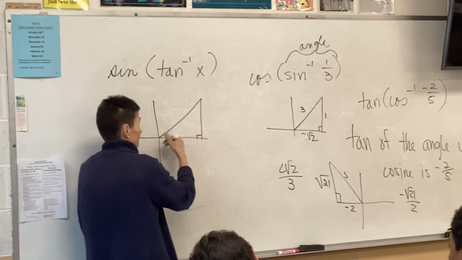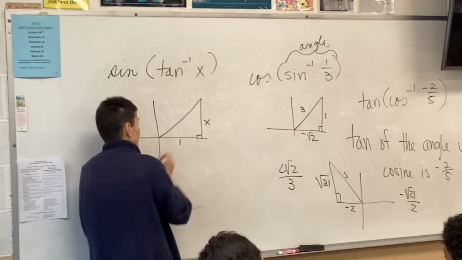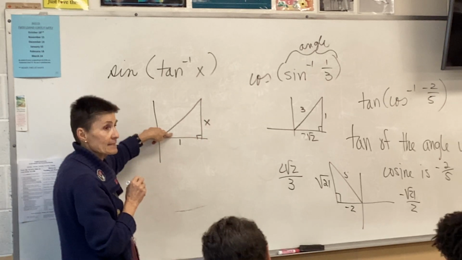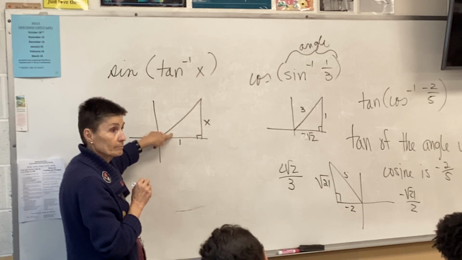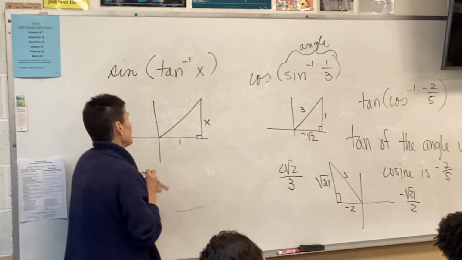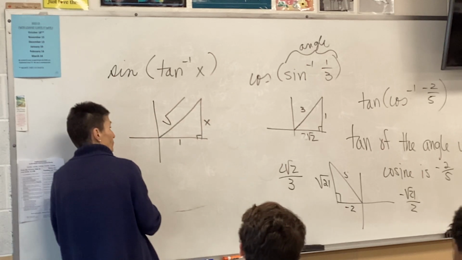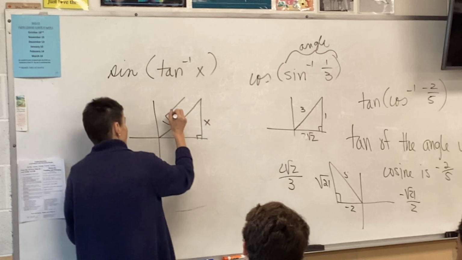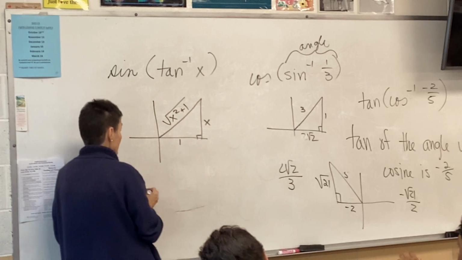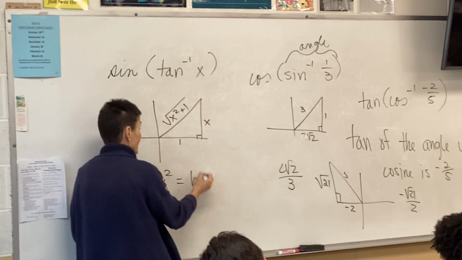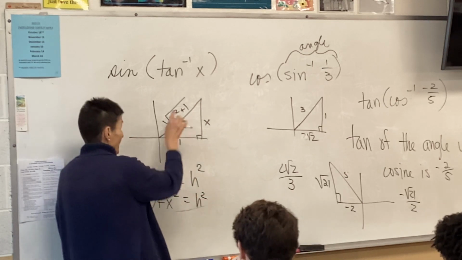So here's a triangle. Would you agree that this angle has a tangent of x? What would that make the hypotenuse then? X squared, or plus 1. So the square root of x squared plus 1? Yeah. Because 1 squared plus x squared equals hypotenuse squared. So 1 plus x squared equals hypotenuse squared. So that's going to be my hypotenuse, right?